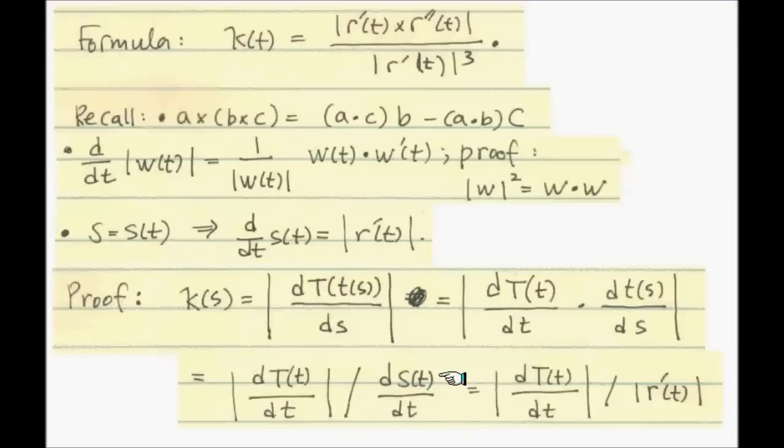That's what happened from this part to that part right there. We know the rate of change of the arc length is the magnitude of the velocity, the speed. So we got rid of that part. This is nicer: the derivative of the unit tangent vector with respect to t.